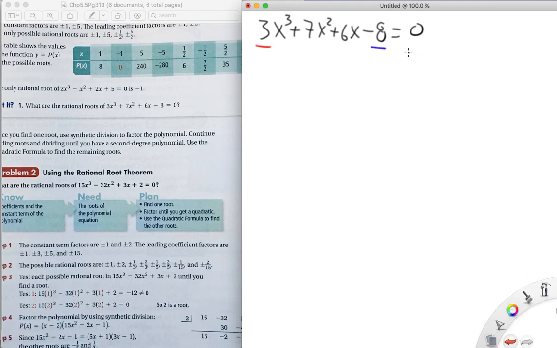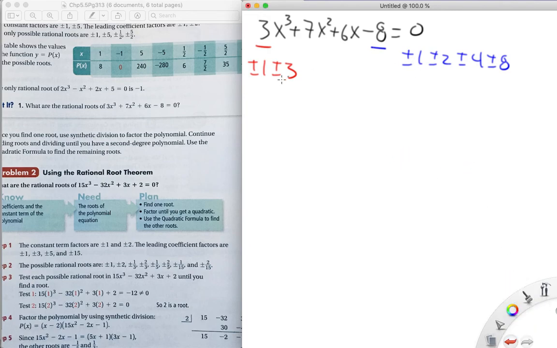For the 8, it'll be plus or minus 1, plus or minus 2, plus or minus 4, plus or minus 8. For the leading coefficient, it'll be plus or minus 1, plus or minus 3. Which does help things. It limits our options.